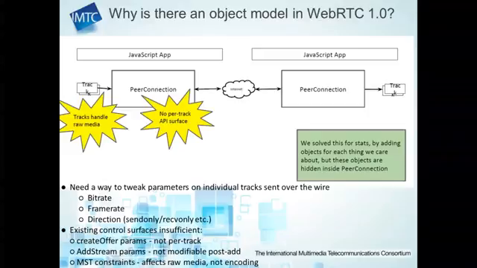Now, the existing APIs within WebRTC 1.0, create offer, did not give you this per track control. And similarly, with AddStream, you couldn't modify things once you added them. Now, we, of course, did have media stream constraints within Get User Media, but that didn't affect the encoder. So there are a couple of little missing pieces that we had within Peer Connection that we wanted to get, and I'll talk about some of the use cases that we wanted to enable. Next slide.